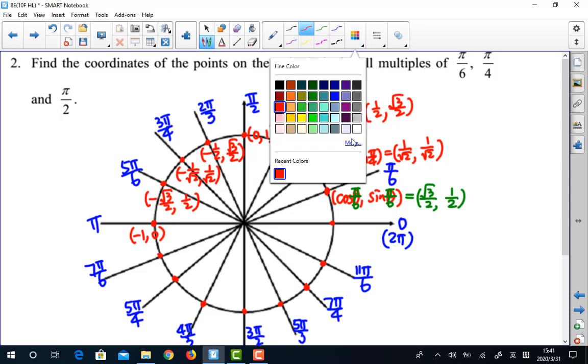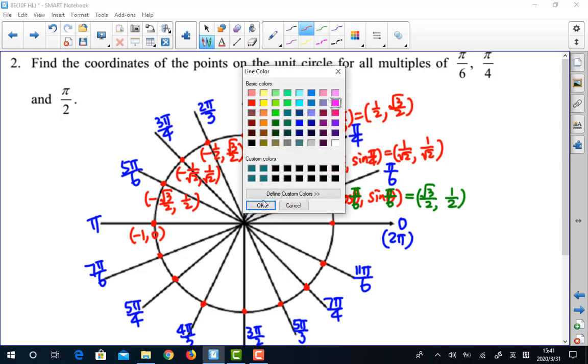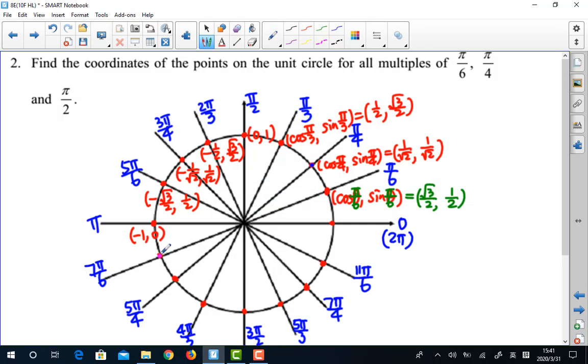Let's find the coordinates after pi. What are the coordinates of this point? Let's look at 7 pi over 6 and 5 pi over 6. These two angles have the same reference angle. That means this point is a reflection image of this point over the x-axis.